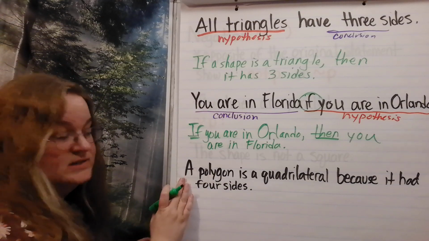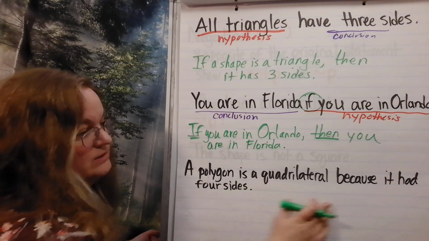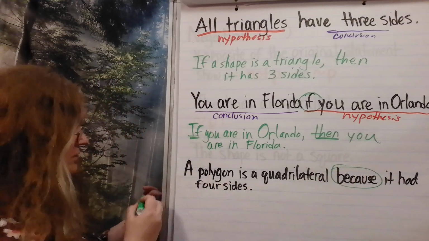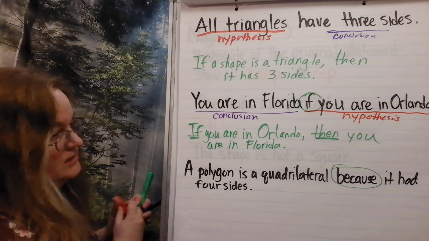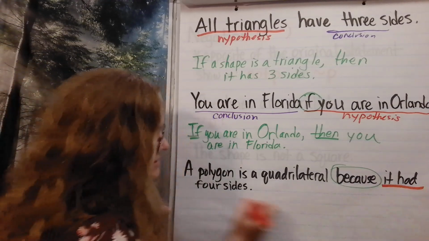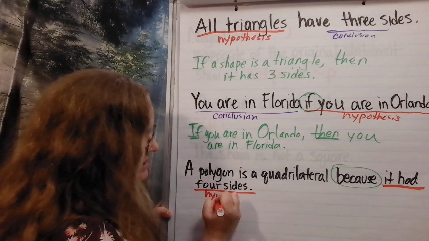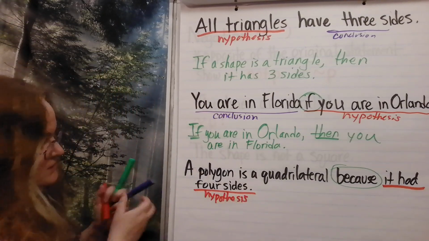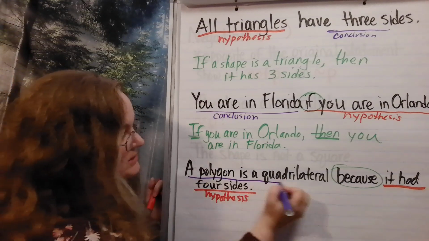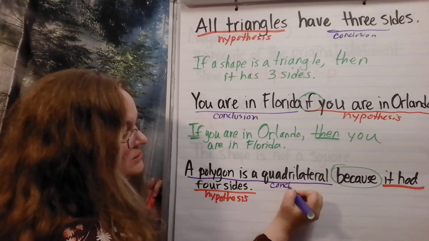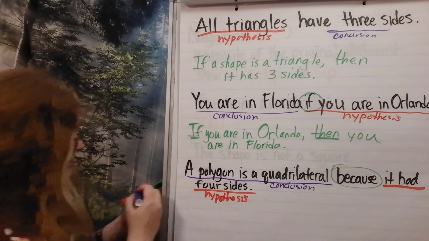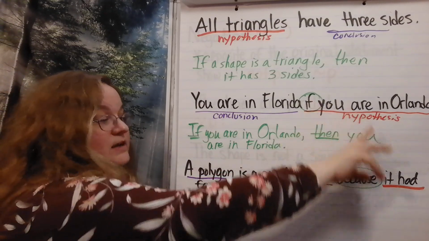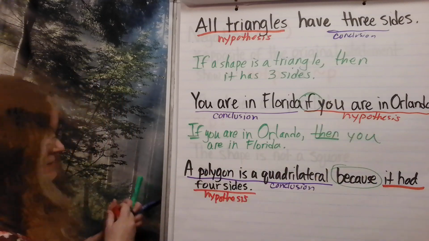Let's take a look at the last example. A polygon is a quadrilateral because it has four sides. The key here is that word because. So again, my hypothesis is second, which means the first part, a polygon is a quadrilateral, is my conclusion. The keyword to look for, because or if, gives you a clue that you're looking at the hypothesis.